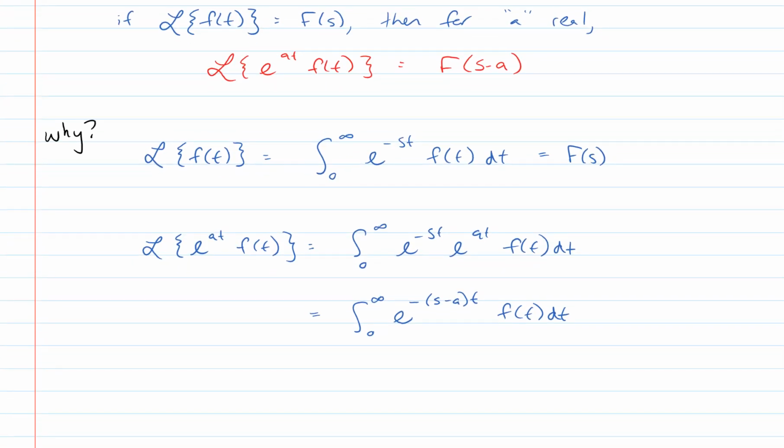And so the only difference between this definition right here and the original definition of L of f of t is that we've replaced e to the negative st by e to the negative s minus a times t. So let's write that down.